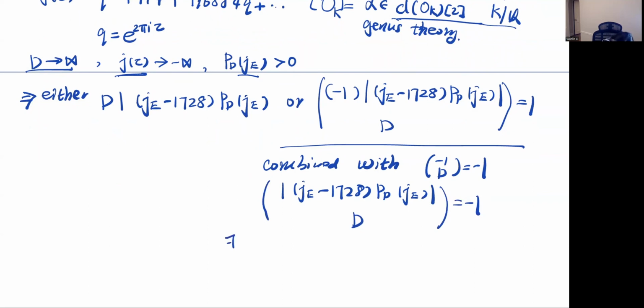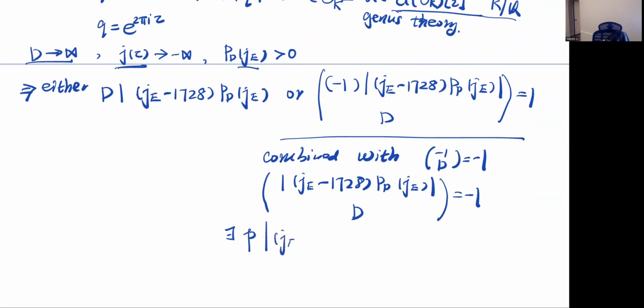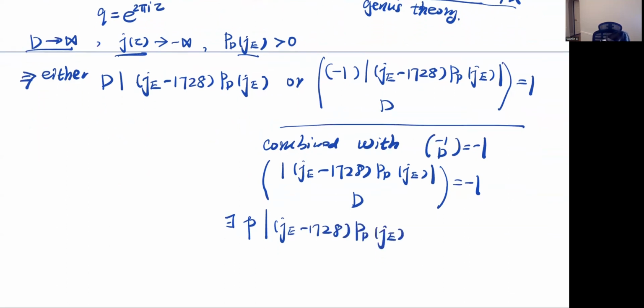So there exists a positive prime P dividing this product such that, by quadratic reciprocity, P over D equals minus D over P equals minus 1. In this case I get an inert prime P, which is what suffices.